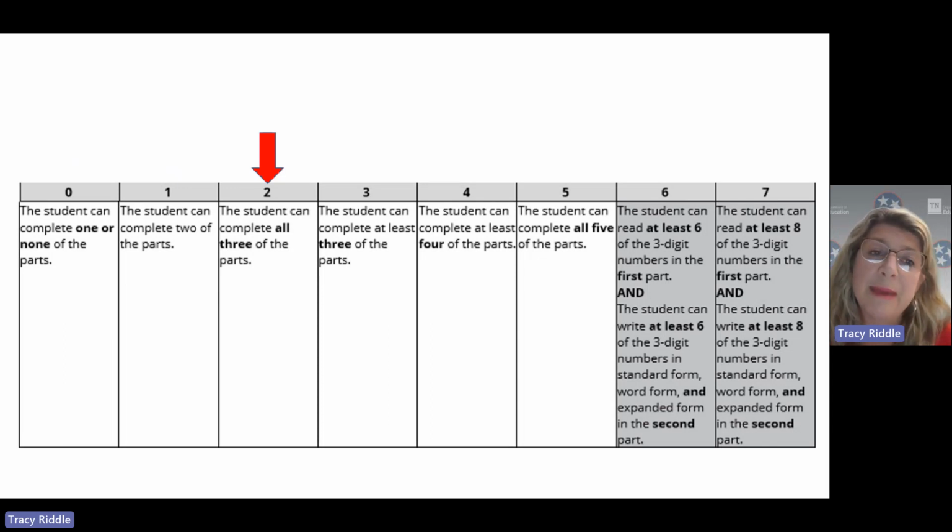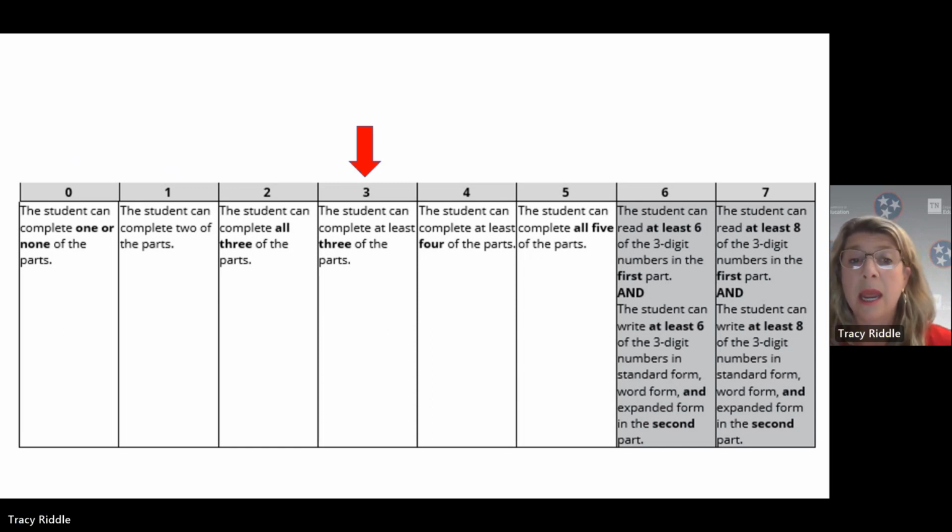If the student has mastered all of those parts, you can move to the first grade standard. The first grade standard has 5 parts, and all 5 parts must be assessed and uploaded as evidence of student work. If the student completed at least three of the 5 parts with accuracy, that is the score of a level 3.